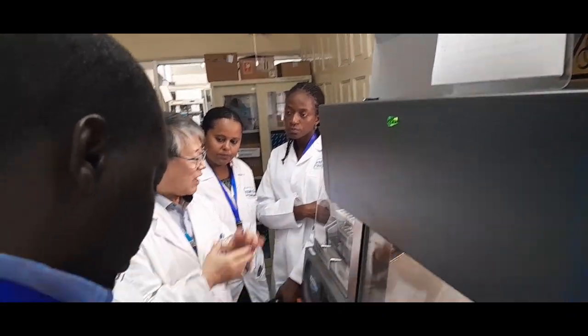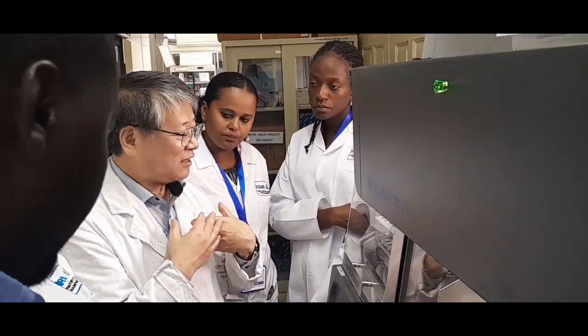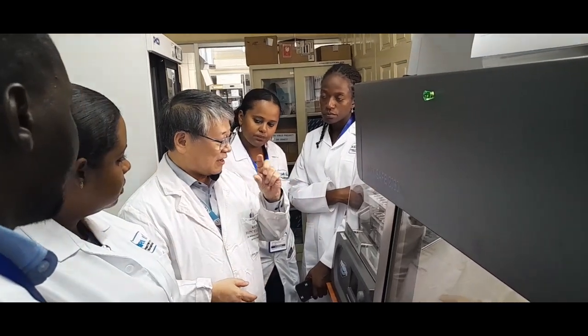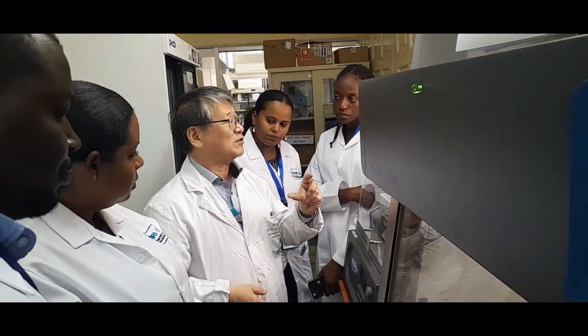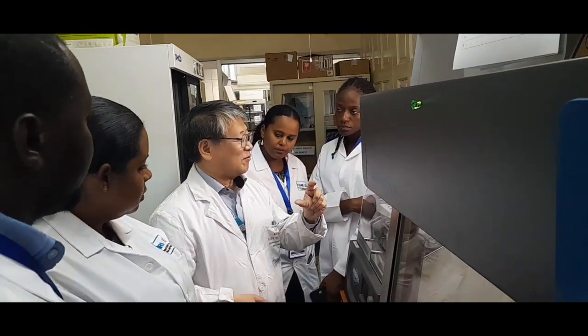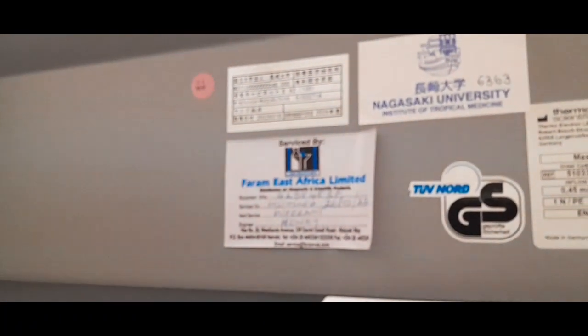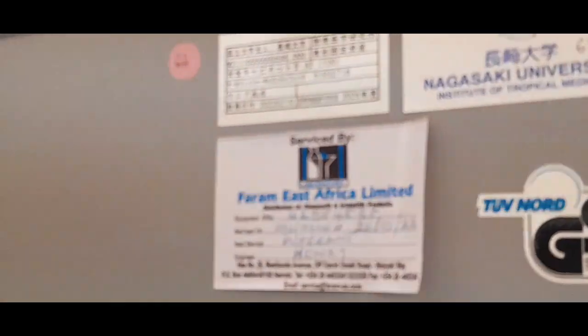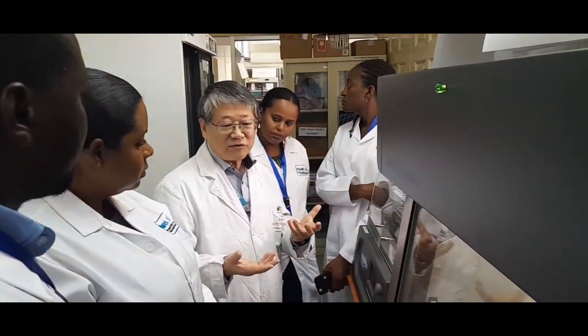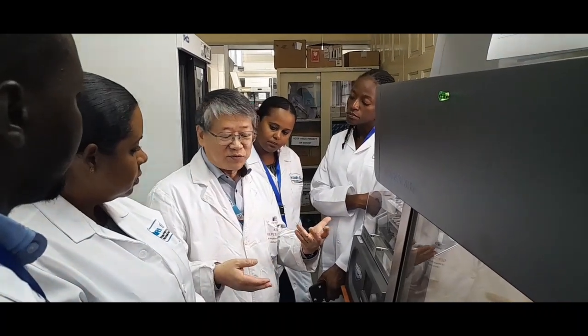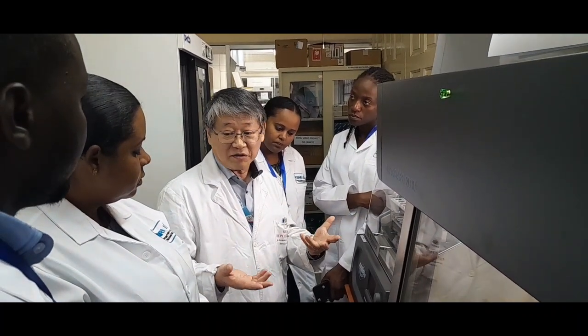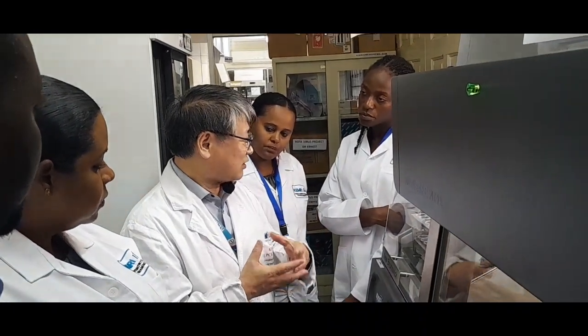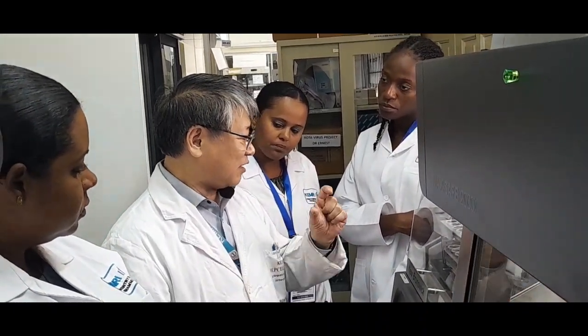There we can harvest and purify the viral protein using the E. coli expression system. It means you don't need to handle a large quantity of virus or bacteria, but you can safely produce a large amount of viral protein.